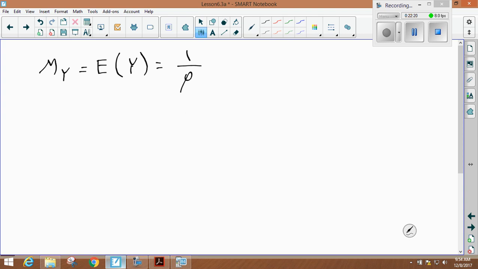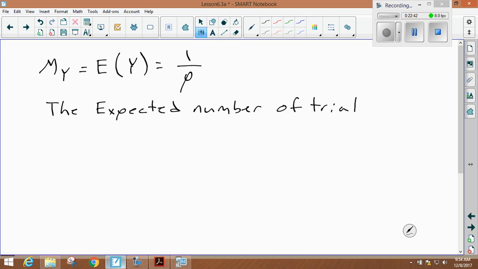An interpretation of this is the expected number of trials to get the first success is 1 over p.